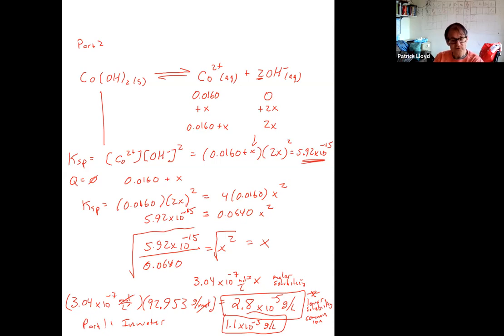Okay, it would lower the solubility. So your take home there is that if you increase the common ion's concentration more than it was in pure water, that will lower the solubility of one of these compounds. Okay, so that does it for our discussion of solubility.